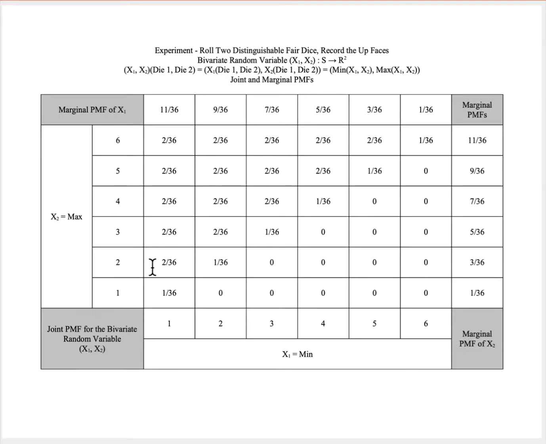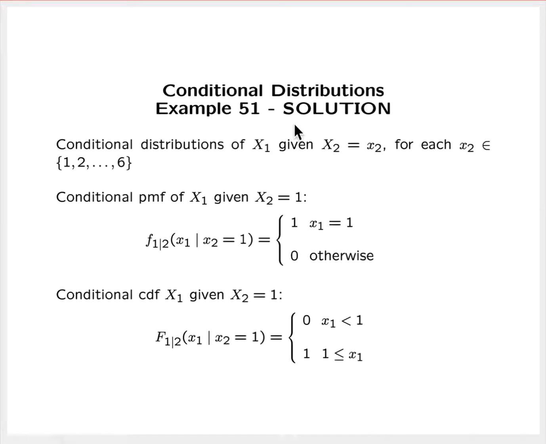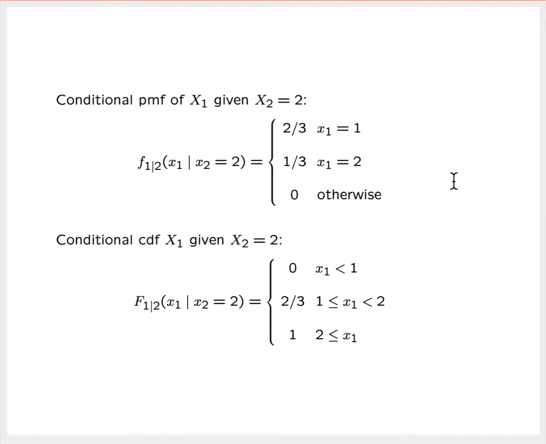So if we divide 2 over 36 by 3 over 36, we get 2/3. And if we divide 1 over 36 by 3 over 36, we get 1/3. And so the conditional PMF of x1 given x2 equal to 2 is equal to 2/3 if x1 is equal to 1, and it's equal to 1/3 if x1 is equal to 2, and it's 0 otherwise.